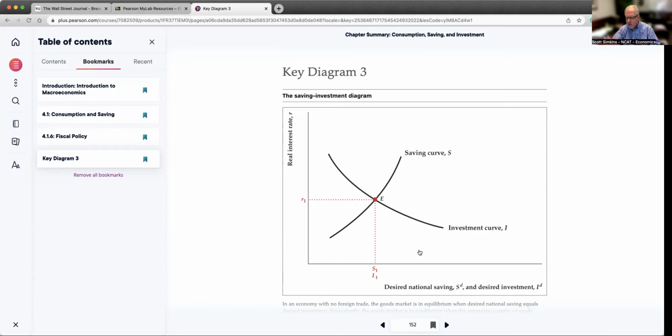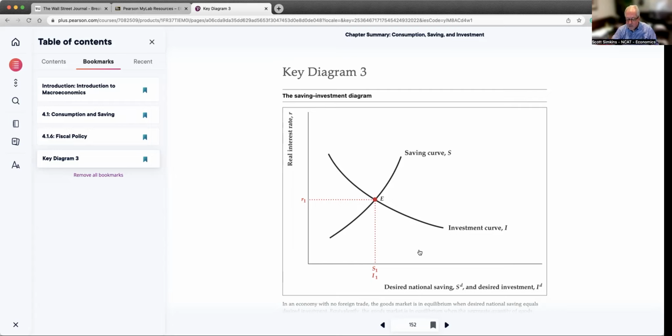Because that really strips away all the complications, keeps us focused on the things that are most important, and then we can add other things back in around that. But we don't want to add everything all at once. That's the power of economics. That's the power of economic models to help us really streamline and discipline our thinking and get to the heart of what's important and to analyze things and problem solve.